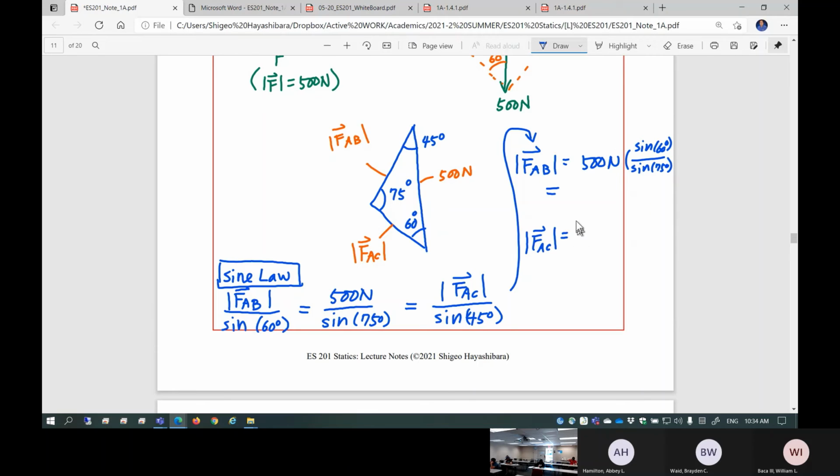FAC is 500 Newton multiplied by sine 45 divided by sine 75, right? What's the value?